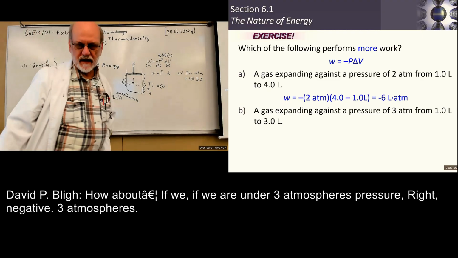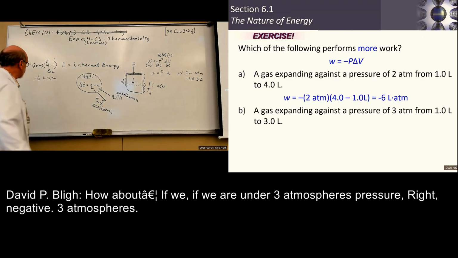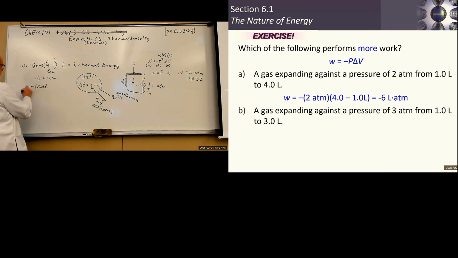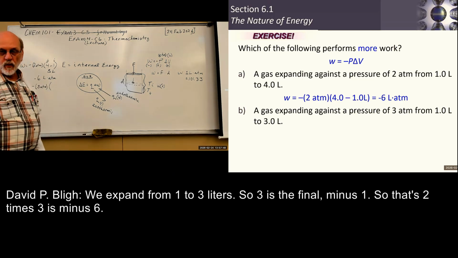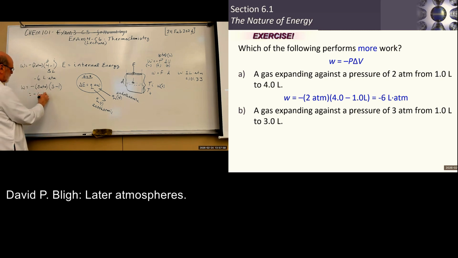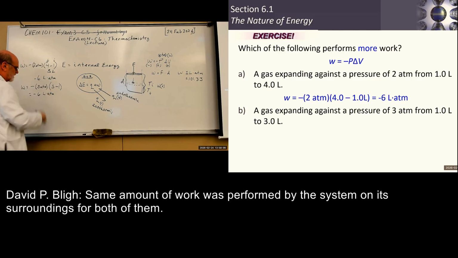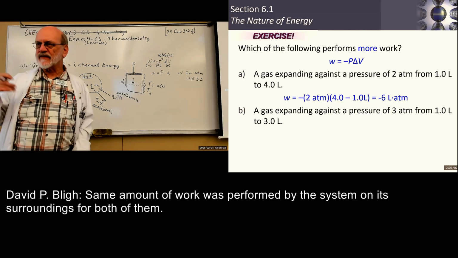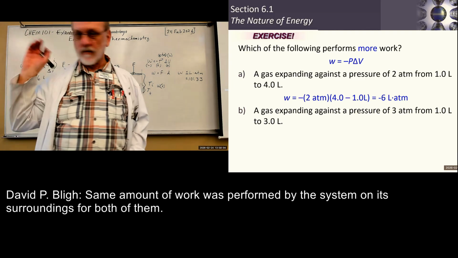How about if we are under 3 atmospheres pressure, right, negative 3 atmospheres, and then we expand from 1 to 3 liters. So 3 is the final minus 1. So that's 2 times 3, minus 6 liter atmospheres. The same amount of work was performed by the system on its surroundings for both of them.